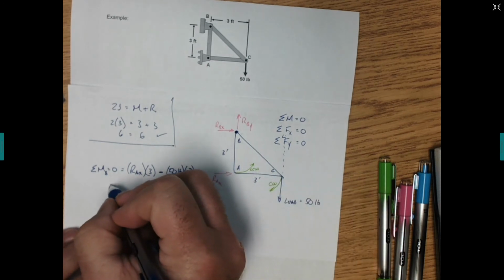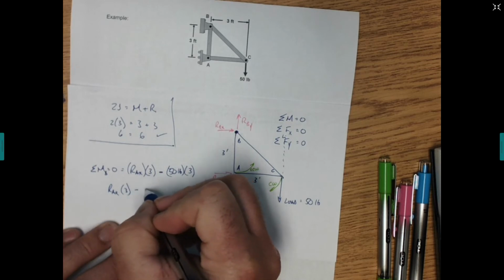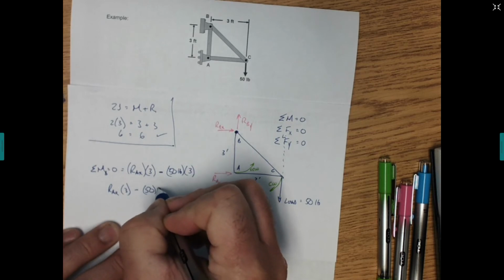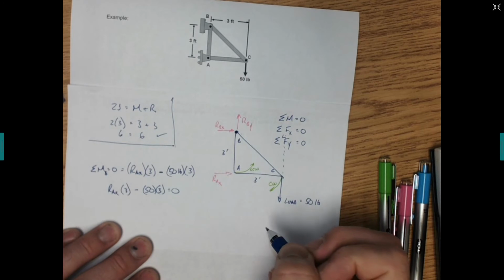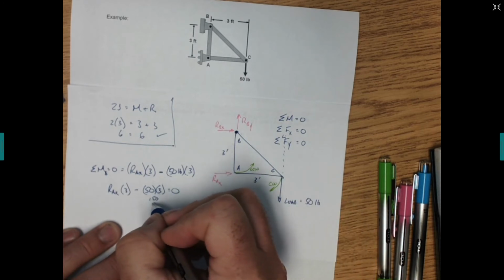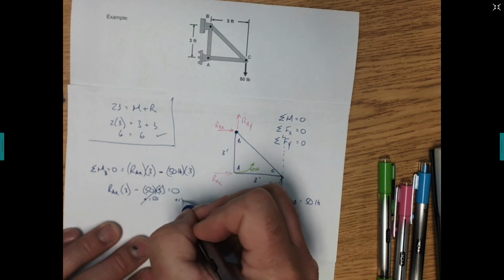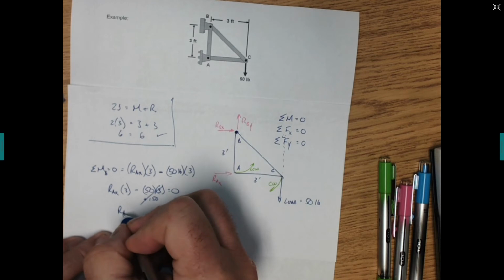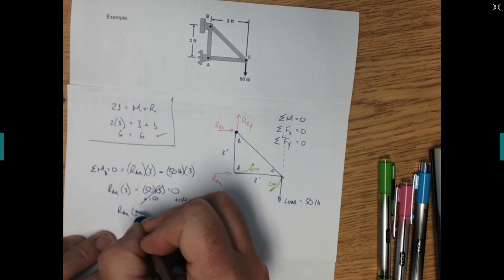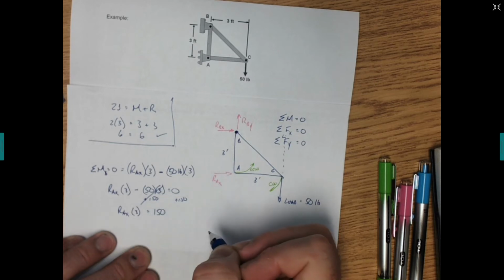And so now I have this equation: the force times the distance minus the force times the distance has to be equal to 0. So if this is 150, we're going to add 150 to both sides to get rid of this term. We get that the reaction force in the x direction at point A times 3 is equal to 150.